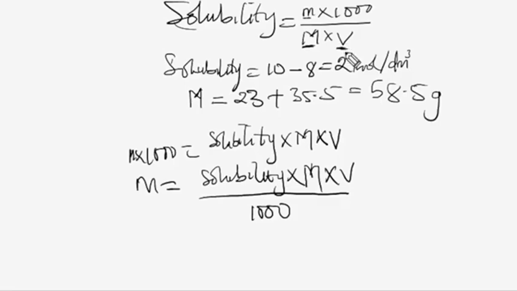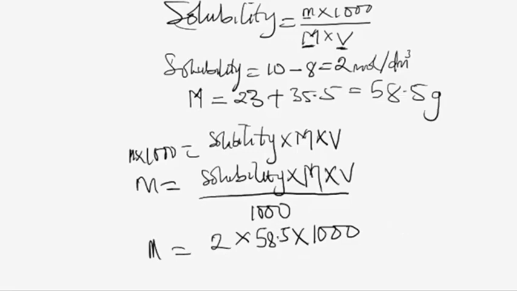So we say m is equal to the solubility, which is 2 moles per dm cube, multiplied by the molar mass, which is 58.5 grams per mole, and then multiplied by the volume, which is 1000 cm cube.